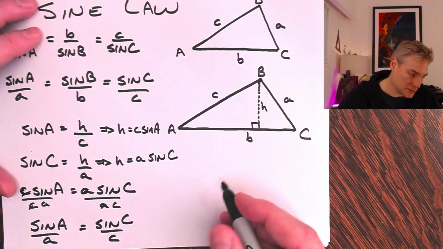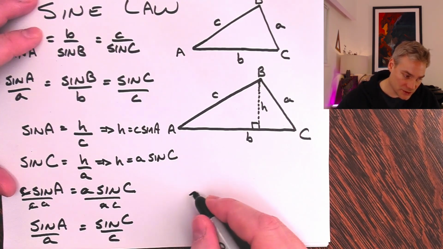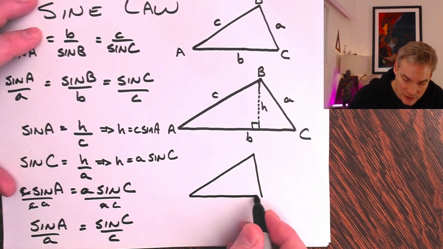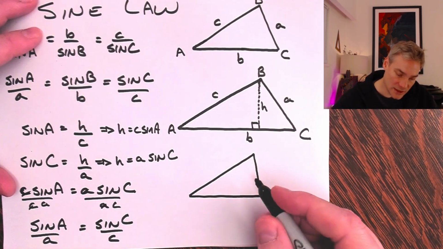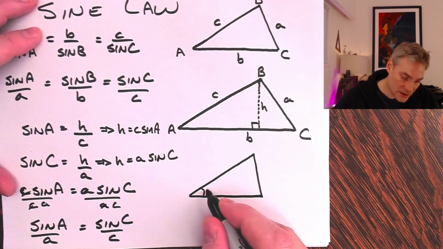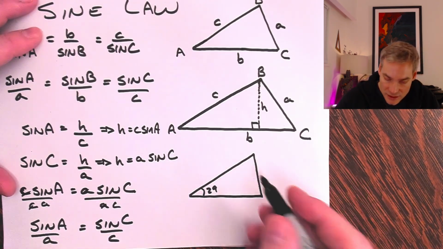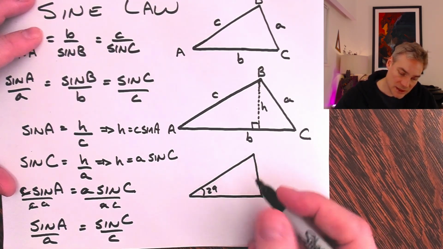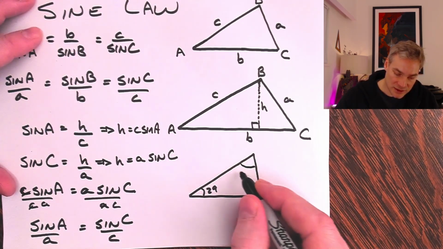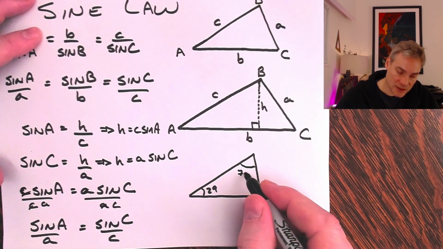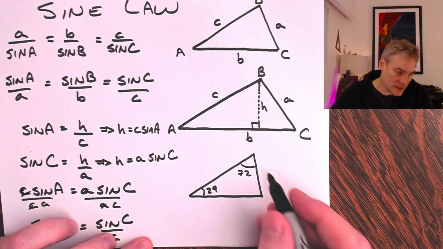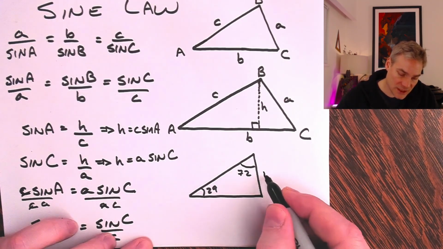Now, if we had a small triangle, let's say this is 29, and there is no angle here. Let's say this is 72. And now this I'll put as, I don't know, 17.